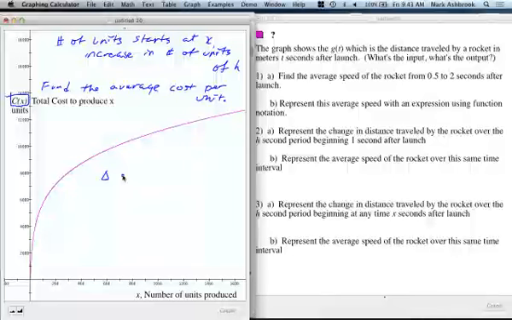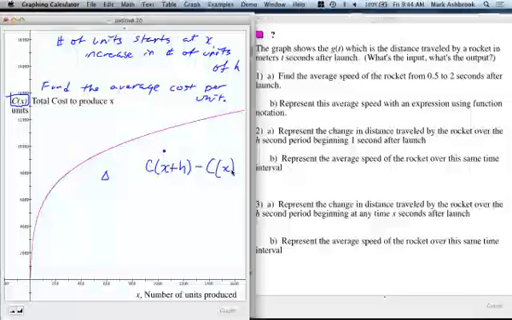Okay, is this Matthew here? Yeah. Did you get it? Yeah. So tell me. Okay, so it's C of x plus h minus C of x. Oh, plus h. I'm going to stop you right there. So what does that represent? The change in cost.